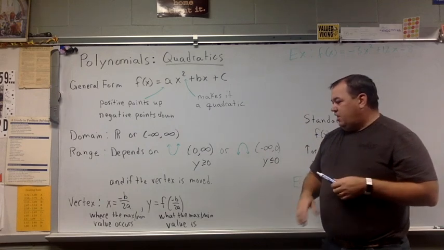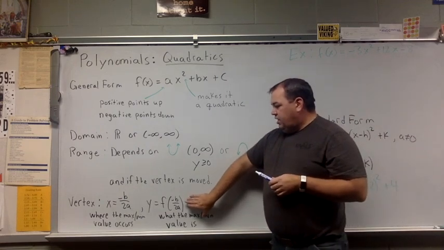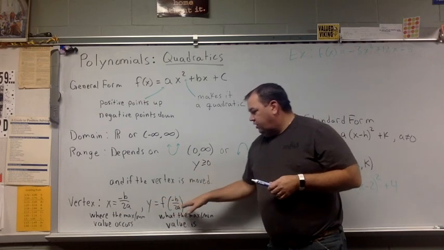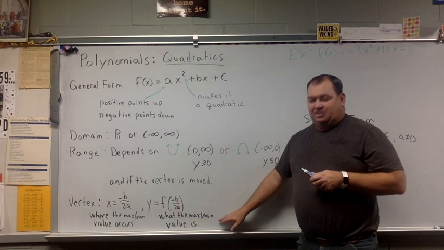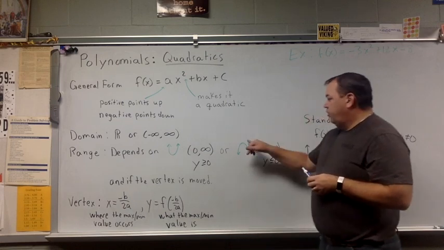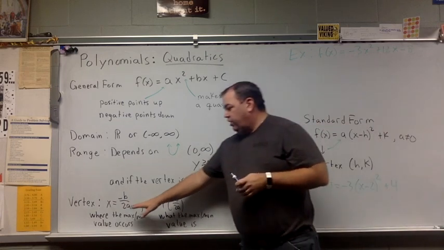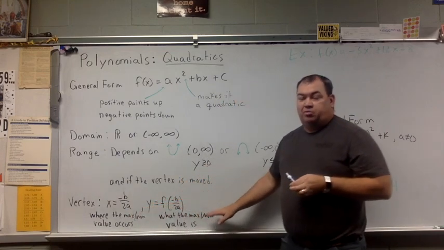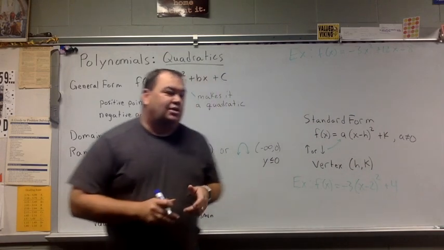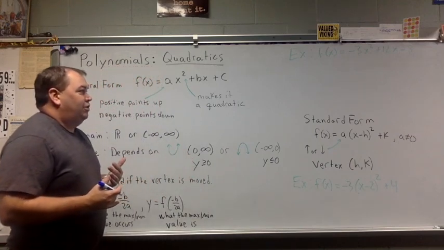Once we have that x value, we can plug it back into the function to get the y value. This is what the maximum or minimum value is. So when we look at that point, x tells me where it occurs, y tells me what the maximum or minimum value actually is. So let's do an example of this one.